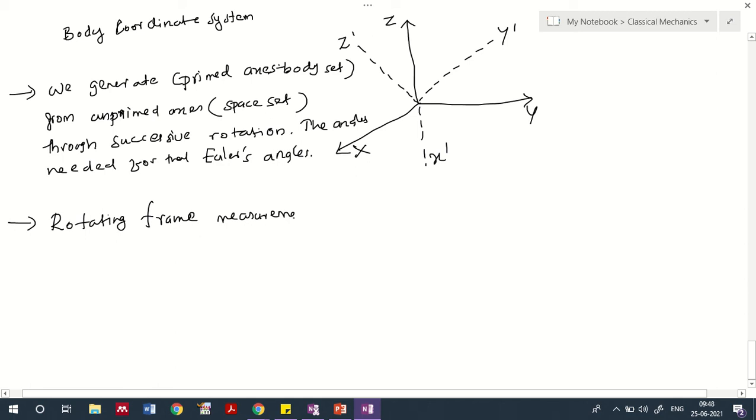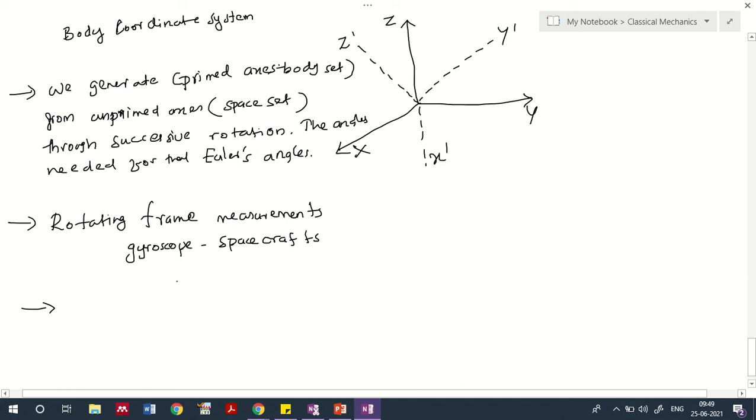In those setups we utilize Euler's angle for many applications, like a gyroscope or a spacecraft system. In all these rotating frame measurements, Euler's angle is a useful technique to understand the system.